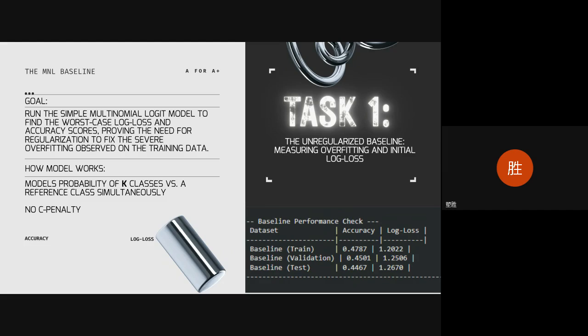So you can say that it doesn't have one. And the result that we got is overfitting. You can see the baseline train log loss is 1.20 and baseline test is 1.26, which we will do better on in task 2, right?